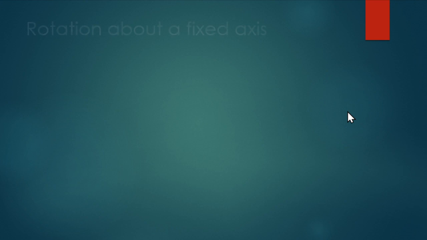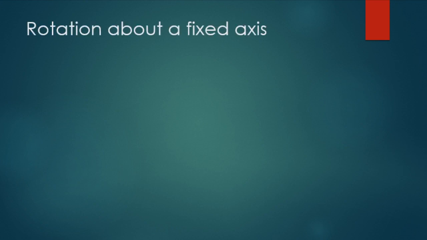We are now moving to rotation about a fixed axis. Why do we discuss this topic? Because the velocity at a point of your body creates rotation about a fixed axis.